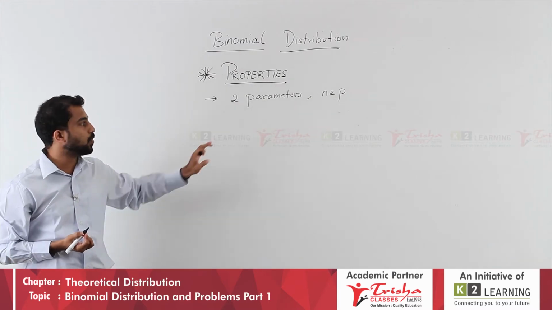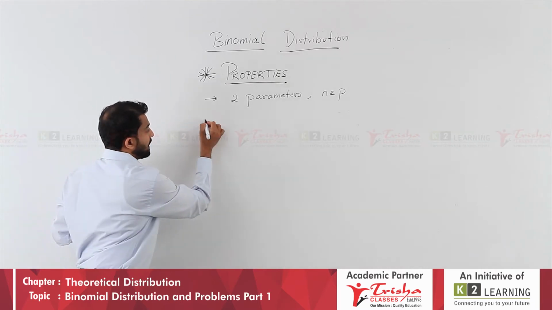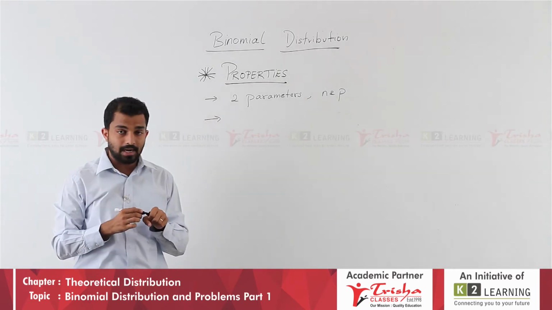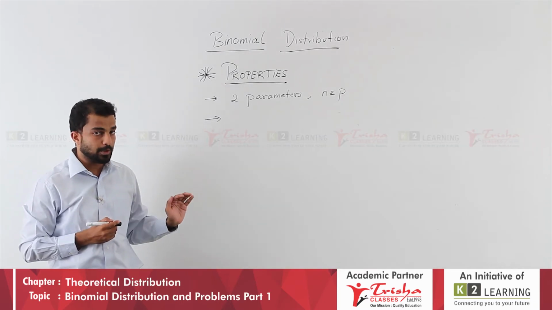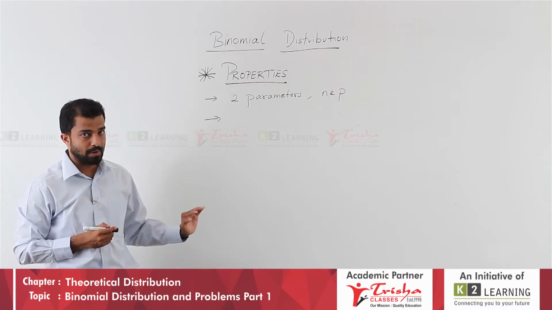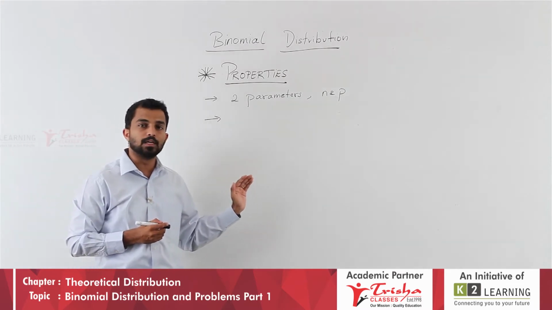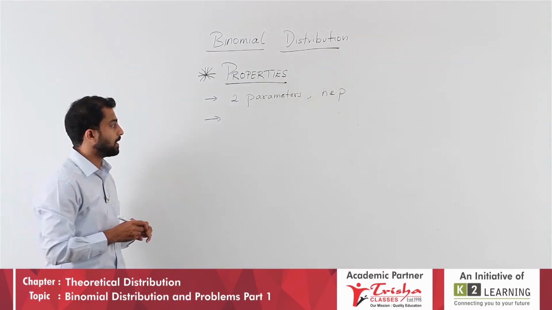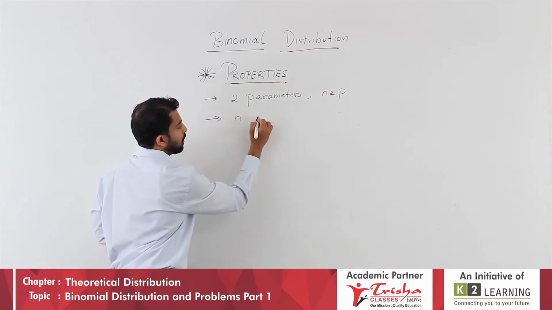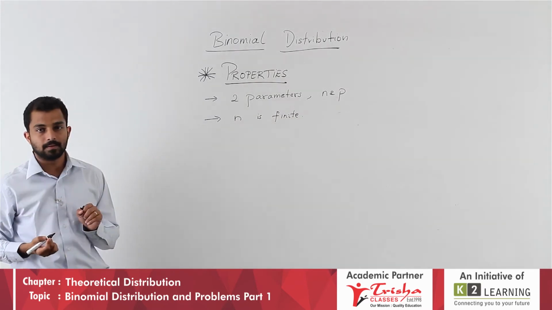We already saw the PMF, which is P of x is equal to nCx into P to the power x into Q to the power n minus x, and also we wrote the range, x is equal to 0, 1, 2 up to n. Remember students, n is always a finite number.